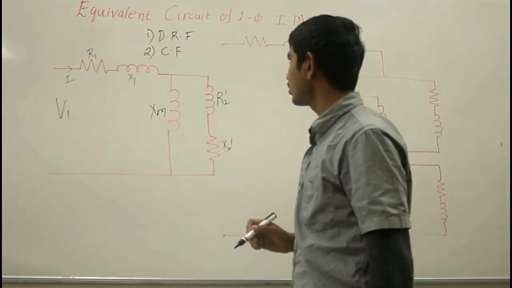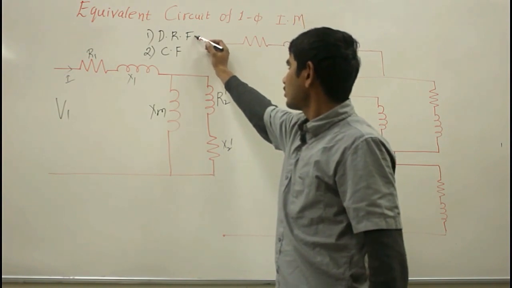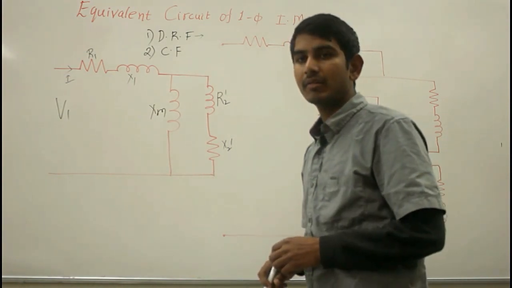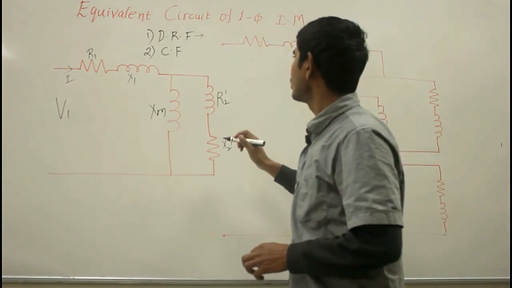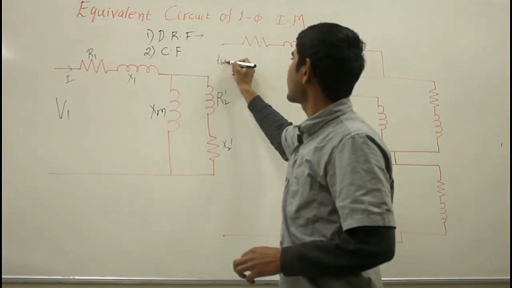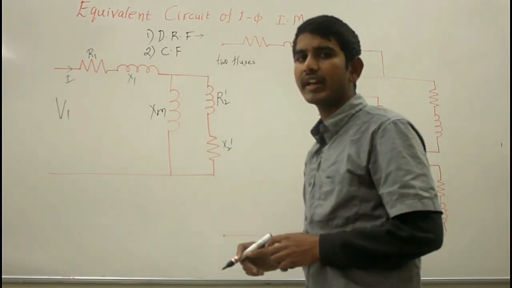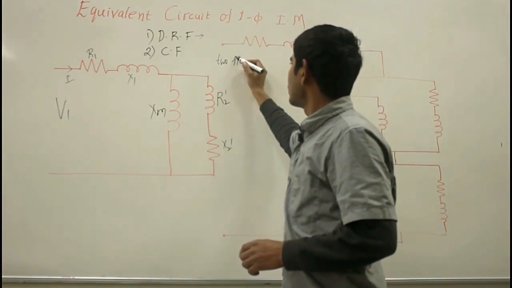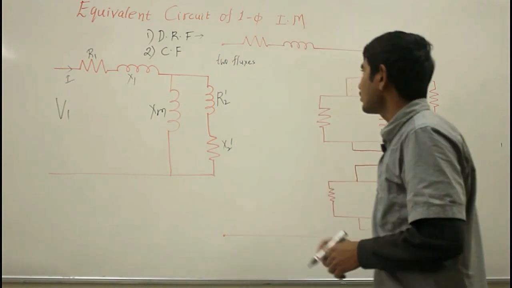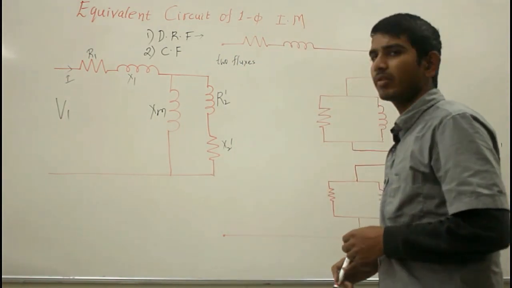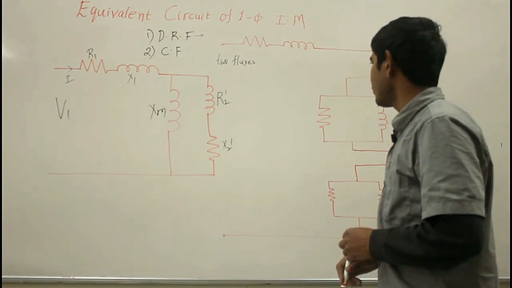Here the core loss is assumed to be lumped with the mechanical and stray losses as a part of rotational losses. Now, according to double revolving field theory, a stationary pulsating magnetic flux can be resolved into two fluxes of equal magnitude but in opposite directions. So the air gap flux in the single phase induction motor can be split into a forward rotating flux and a backward rotating flux.